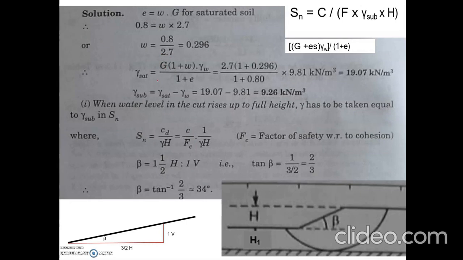Now to begin with, we will find out for the first condition, that is when water level in the cut rises up to full height. So when the water level rises up to the full height, gamma has to be replaced by gamma submerged, because now the slope is totally submerged.